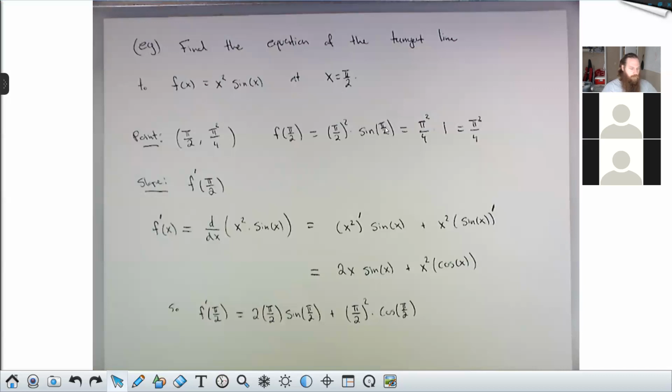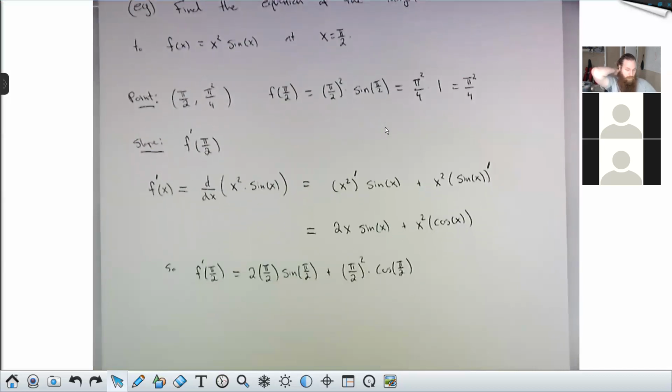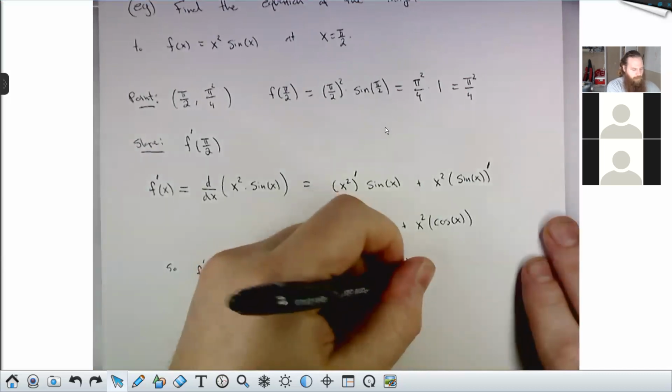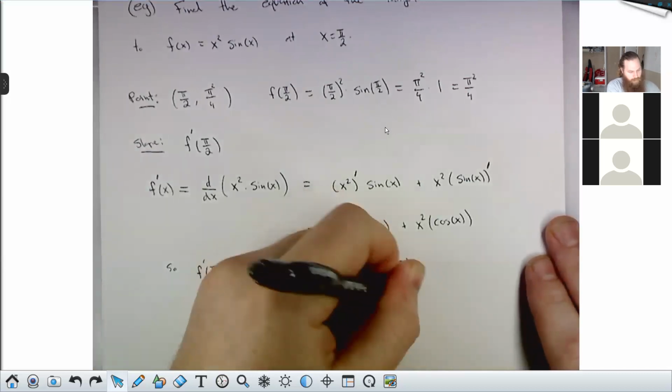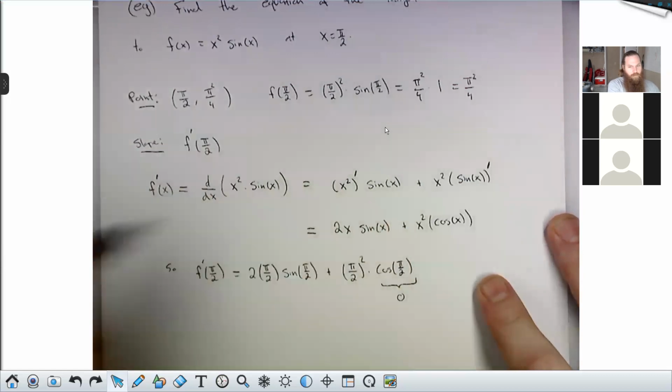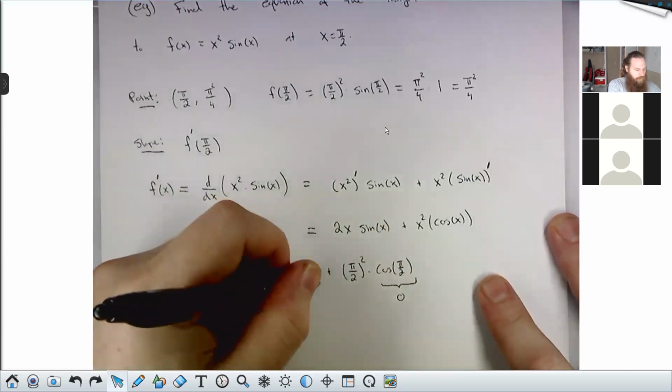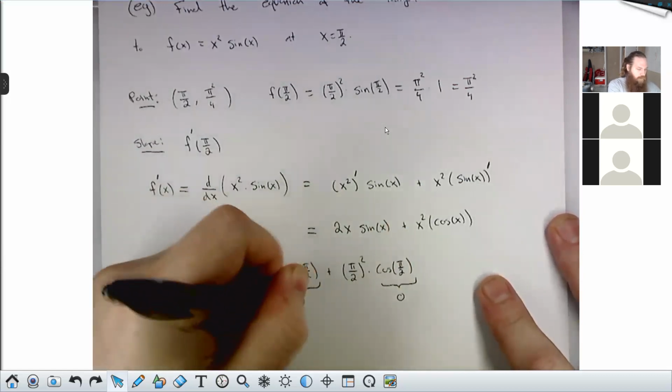So again, I have some pieces that I need to evaluate from my unit circle. What's the cosine of pi over 2? Yeah, cos of pi over 2, this piece here, is 0, which means this whole piece goes away. The sine of pi over 2, we said earlier, that's 1.